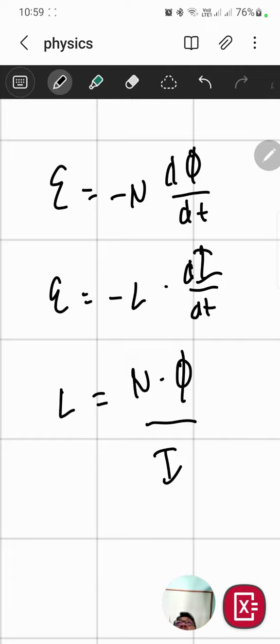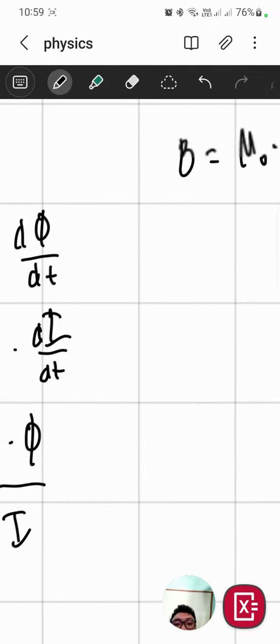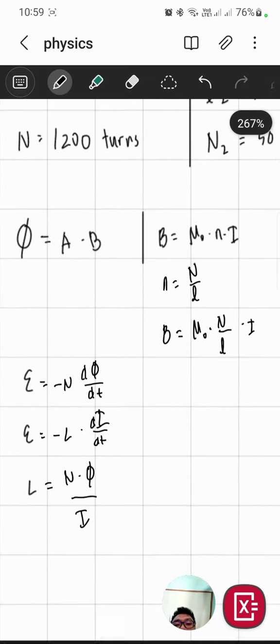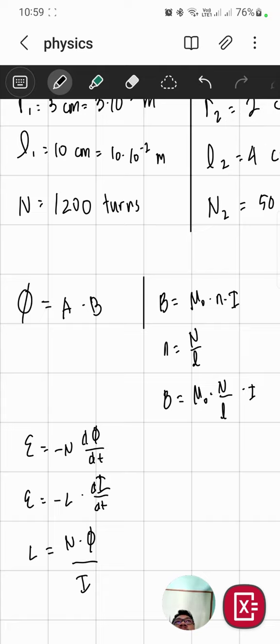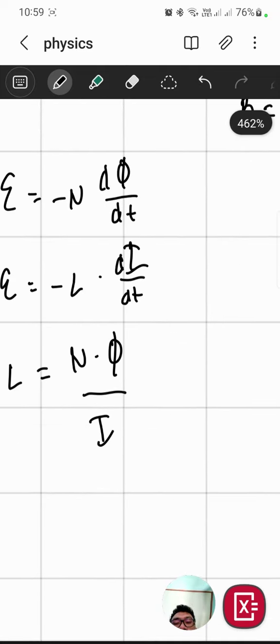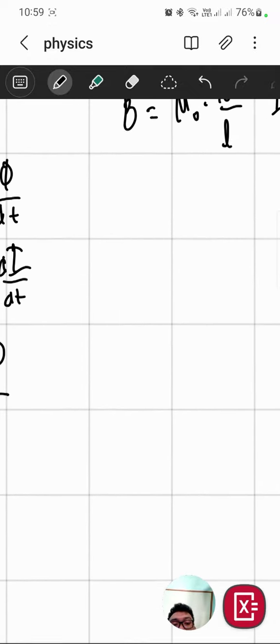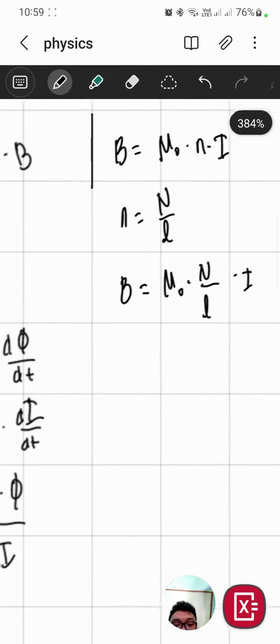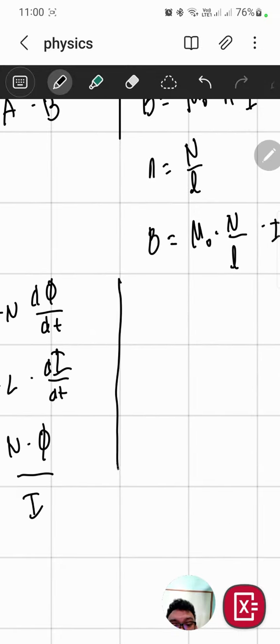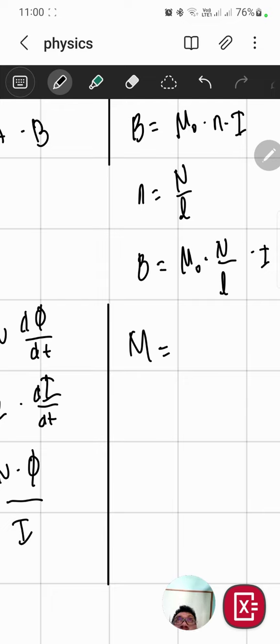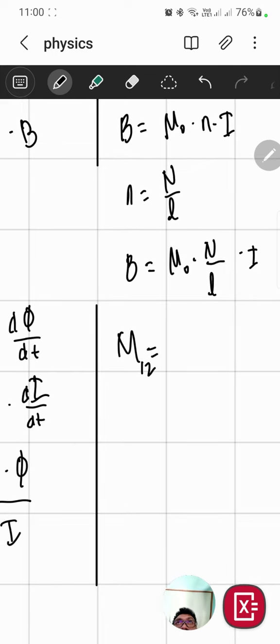As we know, this is for the coil itself; for two coils it is the mutual inductance, which is M. So we write the equation here: M equal to M12 or M21.